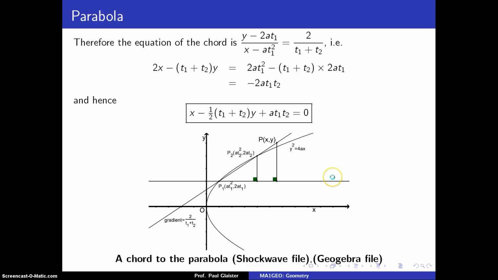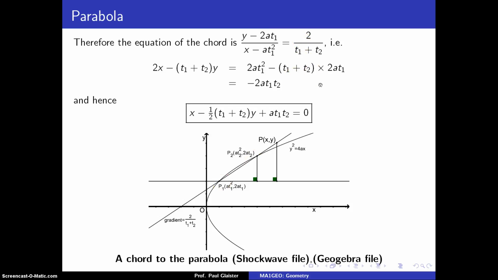And then we can use that because any point P on the chord has a gradient from P1 to P given by this ratio, and of course that's just the gradient of the line from P1 to P2, which is this ratio.